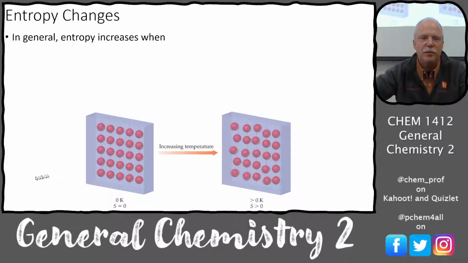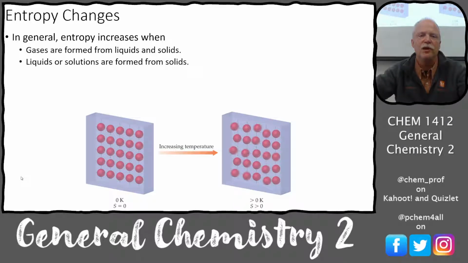We can look at entropy changes, and generally entropy increases when you go from solid to liquid. Entropy increases when gases are formed from liquids and solids, when liquids or solutions are formed from solids, when the number of gas molecules increases.